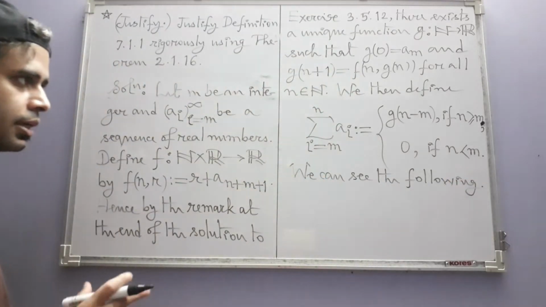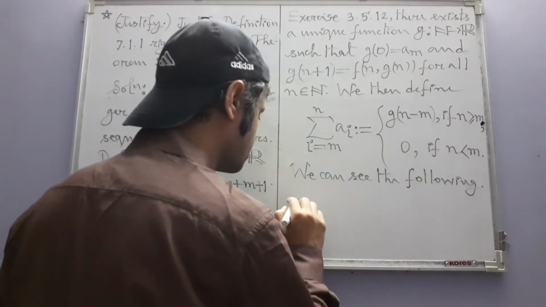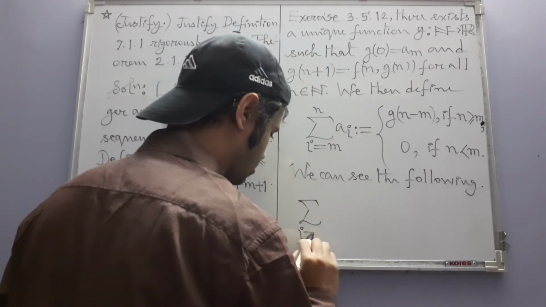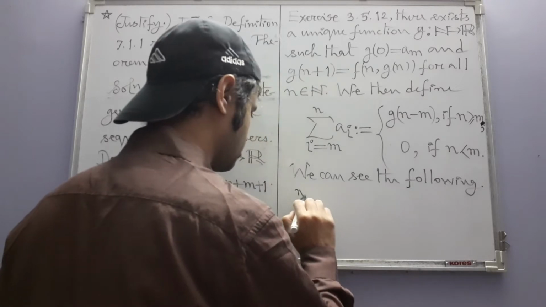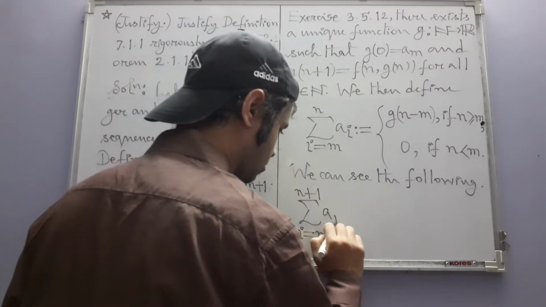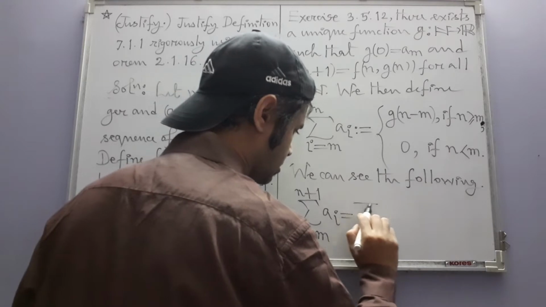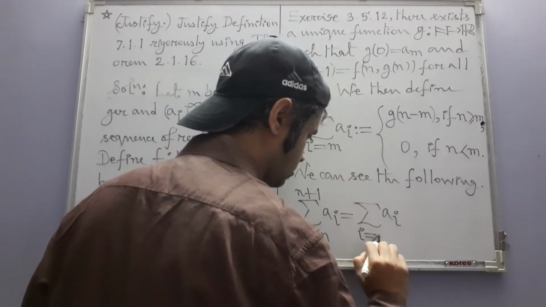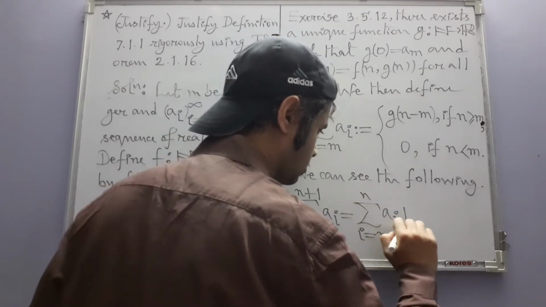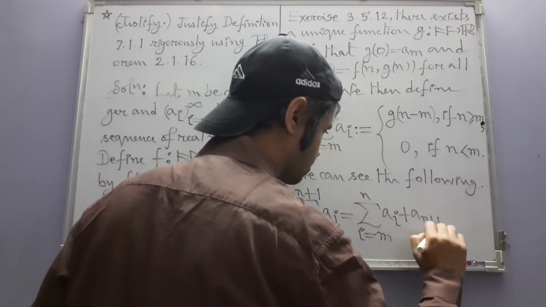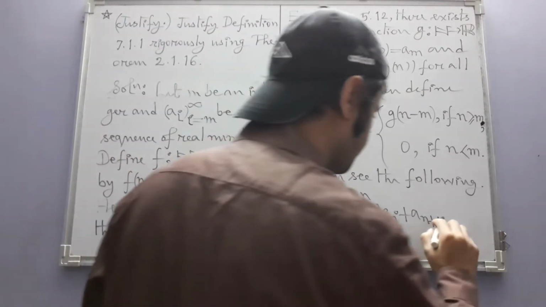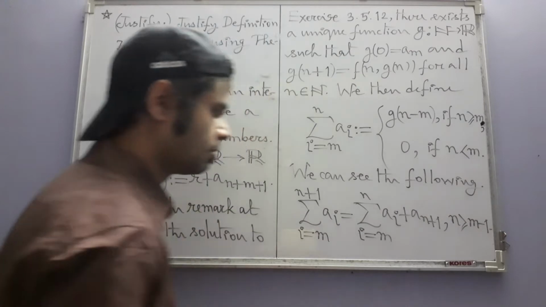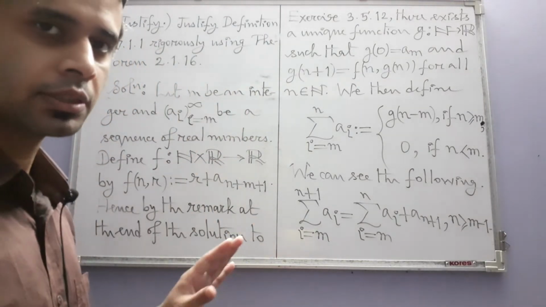The only thing now we have to see is this. That this thing turns out to be equal to this plus a_{n+1} if n is greater than or equal to m minus 1, because that's what the original definition says.